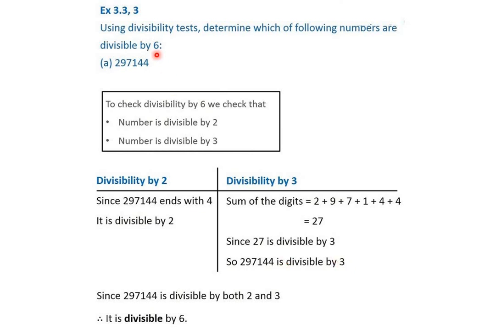So for the first one, as you can see, the last number is even, so we can write that yes, it is divisible by 2. When the addition of 2, 9, 7, 1, 4, 4 is done, we get the answer 27, and 27 is a multiple of 3, so the given number is divisible by 3 even. So divisible by 2 and 3 both means obviously divisible by 6.